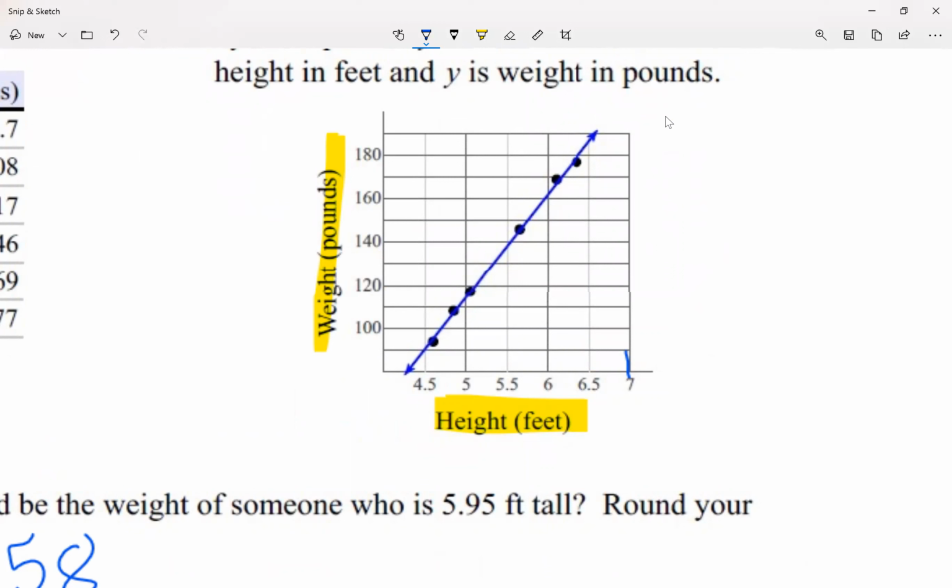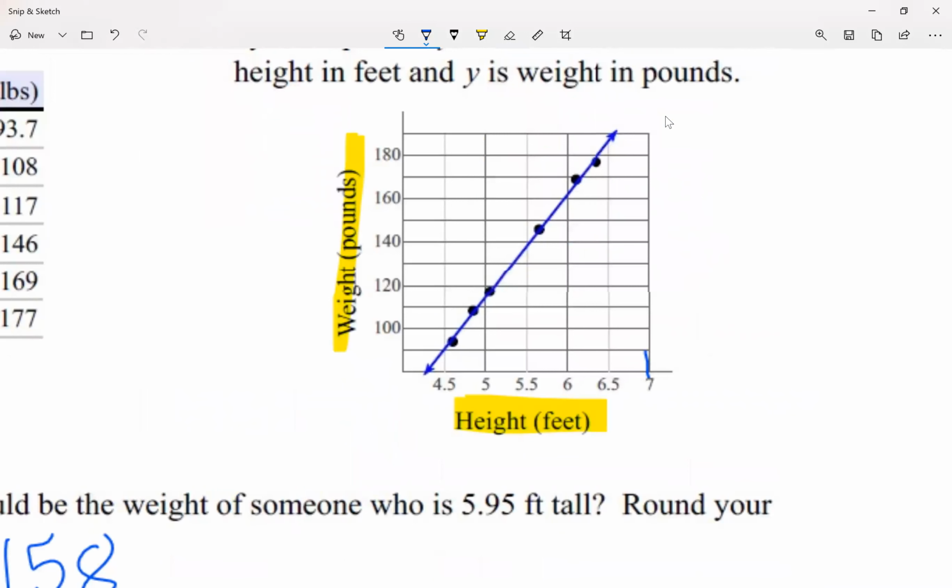Find 130. And I'm going to go along 130 all the way until I reach my line. And that's about here. All right, because the number given was on the left, what does this number represent at the bottom?